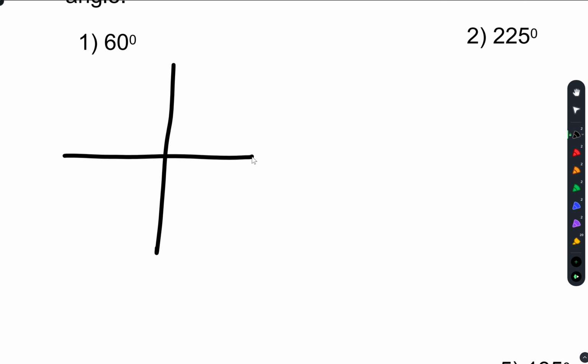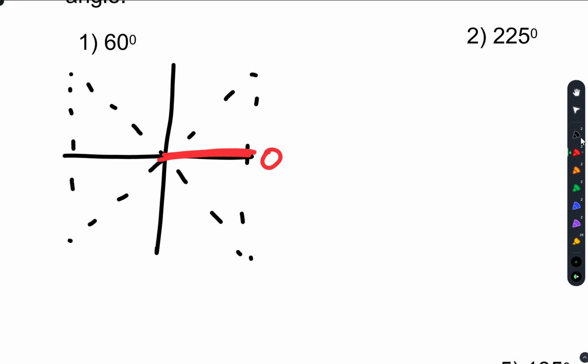We'll do one of these. I'm going to skip around. I'm not going to do all of these. The first thing we need to do is draw our coordinate planes. I like to do the little bow tie shapes sometimes to help me remember that I need a bow tie, not an hourglass. I'm going to draw my initial side, which is at 0. And then I start counting. So I know that my first section is 90. And I already recognize that 60 is going to be somewhere in between 90 and 0.